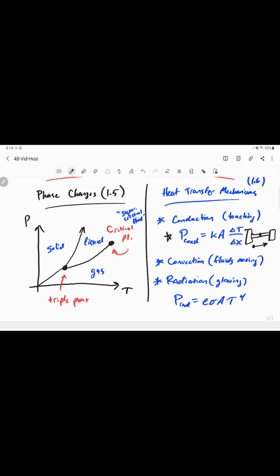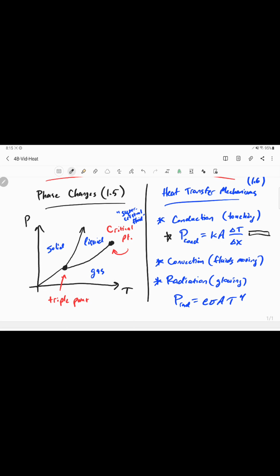When I was talking about the house, it might be the walls of the house. Here it would be the cross-sectional area of this pipe or rod connecting these two. That would be the A. The delta X would be the length over which the heat needs to travel, so the distance from the hot thing to the cold thing.